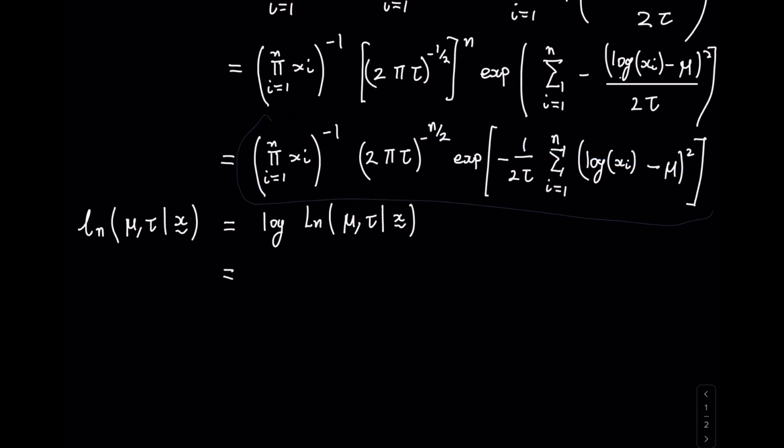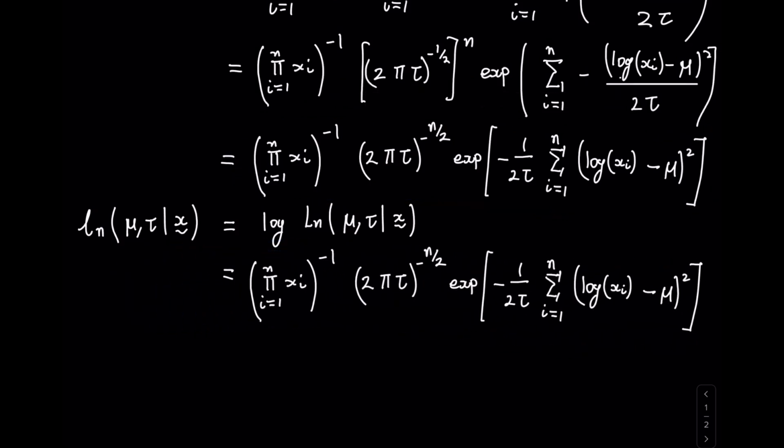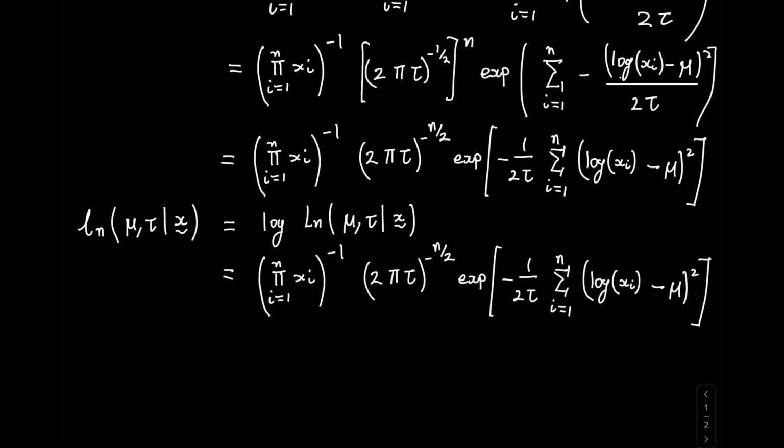So I'm just going to copy that expression above, and hopefully I'll be able to fit the log in. If not, I might just have to bring the equal sign a little bit out the front. So it's log of that entire expression.